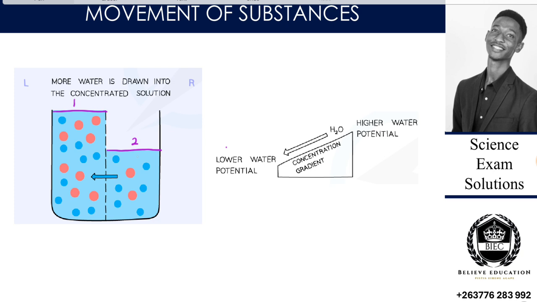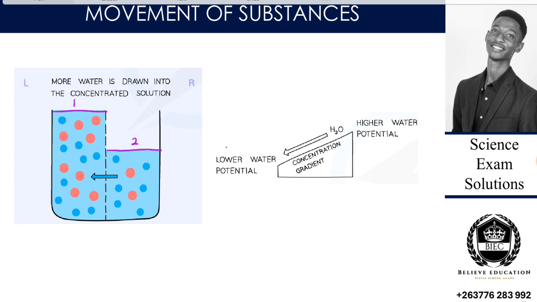But when we talk about water potential, we're not merely talking about the volume of the water. We are talking about the potential of the water to move out. So in other words, we are talking about the concentration of the solution. Is it a high concentration or is it a dilute concentration?